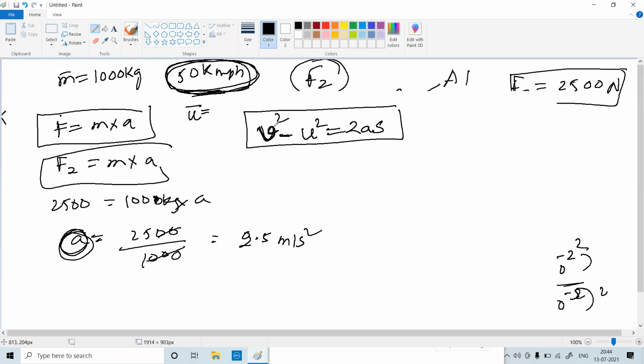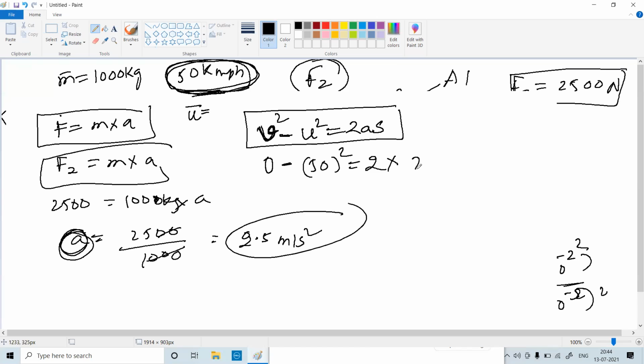And what is V? V is the final velocity. After you apply brake, the vehicle should come to rest, so V will be 0. So 0 equals 50 square, 2 into A, which is 2.5, into S, because we have to find S.